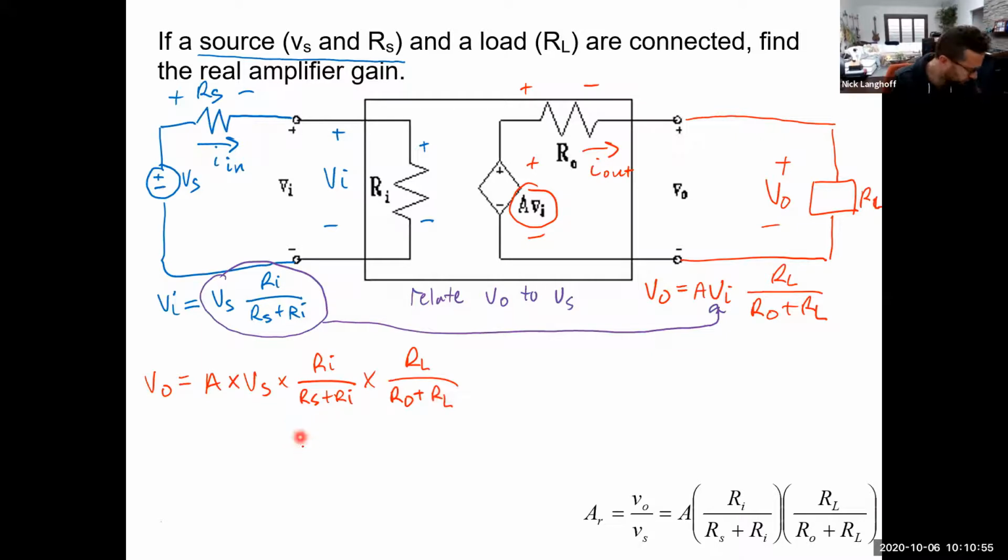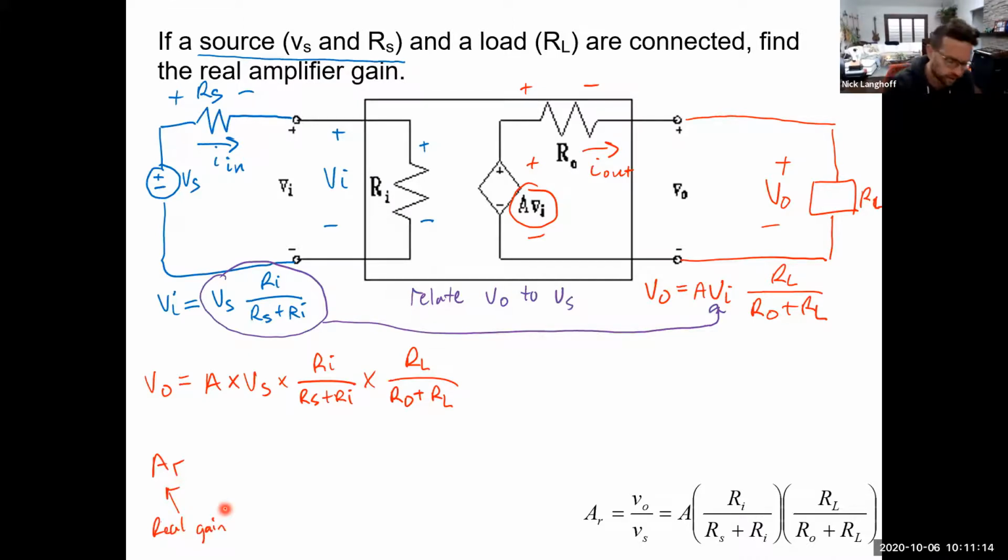Okay. Now, if we wanted to talk about the real gain of the system, remember, A is the unloaded or open circuit gain. AR, this is the real gain.